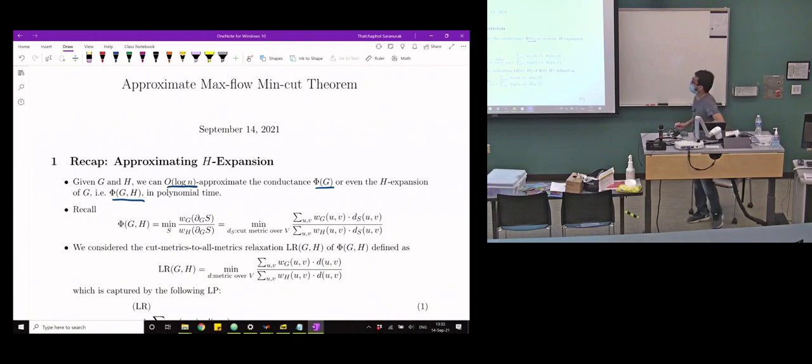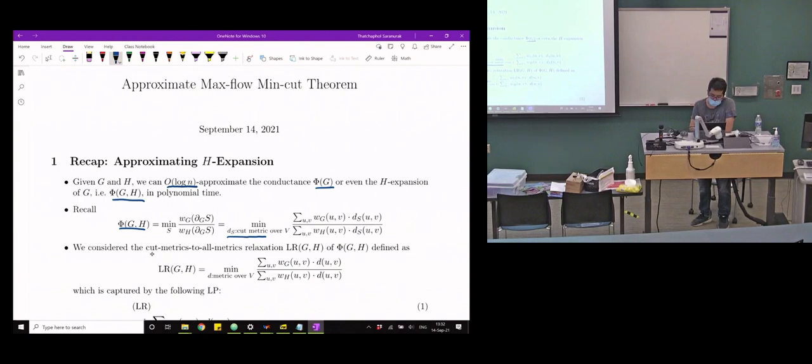And how did we approximate this quantity? We look at the relaxation. We write H expansion of G as an optimization problem where we minimize over all cut metrics, right? Just rewrite it as that.